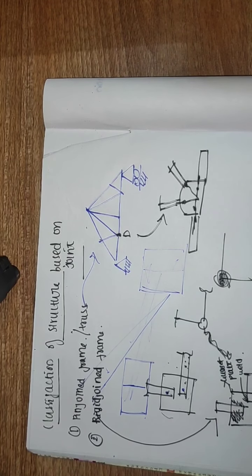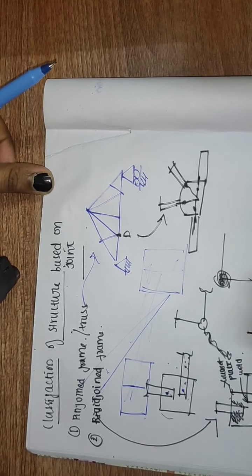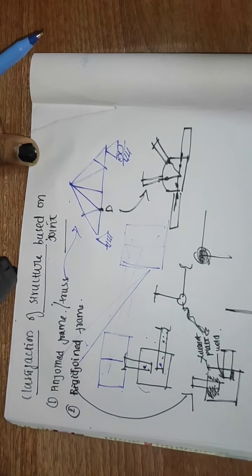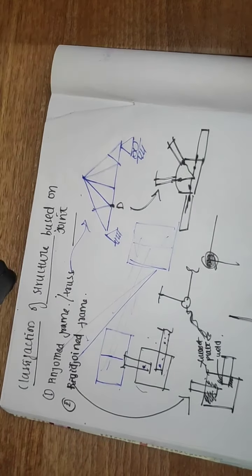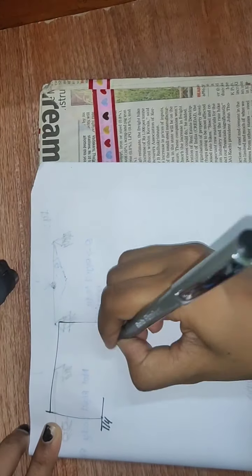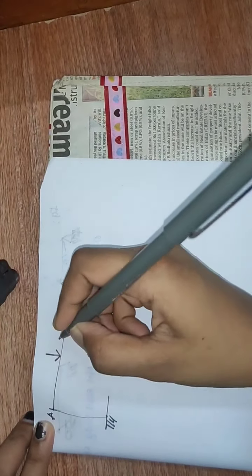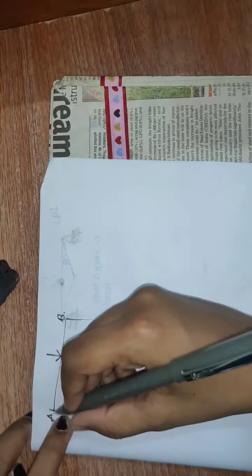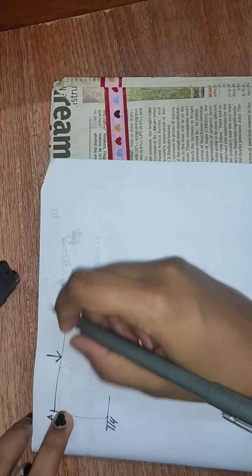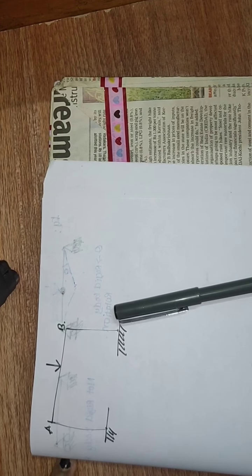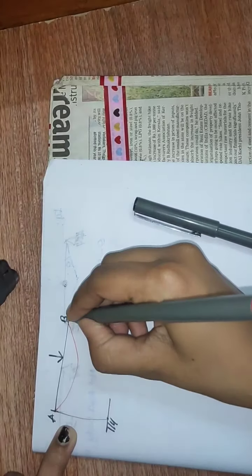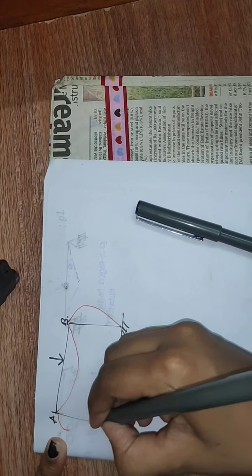Just consider, can you see this? For example, this is the member AB. If I apply force on this AB, and A and B are rigid, then due to this load application the entire beam is going to deflect like this.